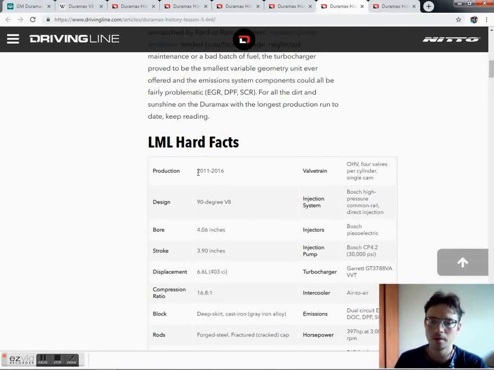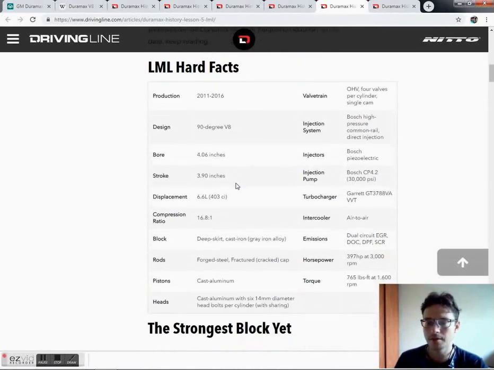So we will focus on the model LML, which was in production from 2011 to 2016, and this engine has compression ratio 16.8 to 1, the variable geometry turbocharger and Bosch high pressure common rail direct injection system, which enables up to 30,000 psi pressure in the rail.